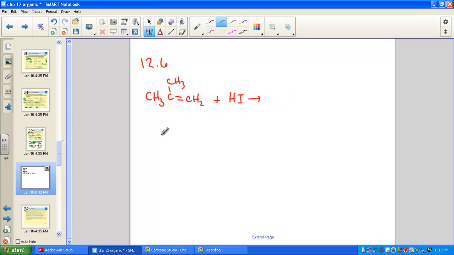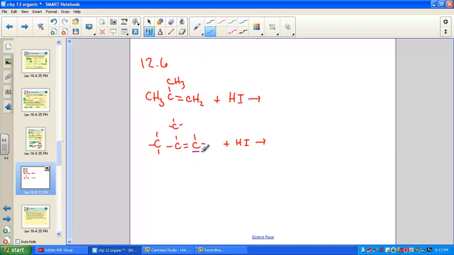What will the compound result in? What is our product? Well, again, if I consider the structure, we have this methyl group up here. We have a double bond carbon plus HI. Markovnikov's rule states that we add the hydrogen to the carbon in the double bond that has more hydrogen. So let's consider that.